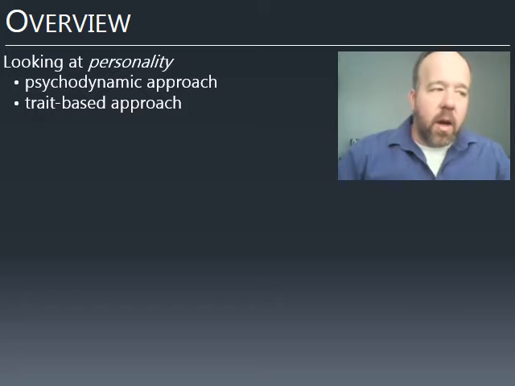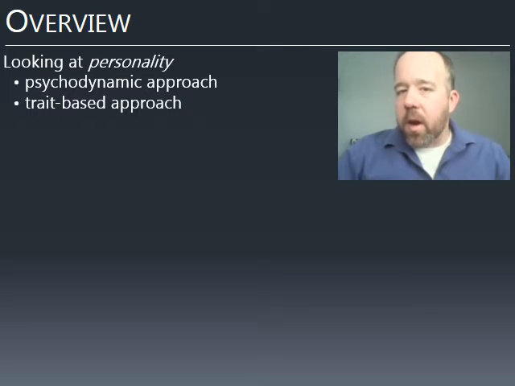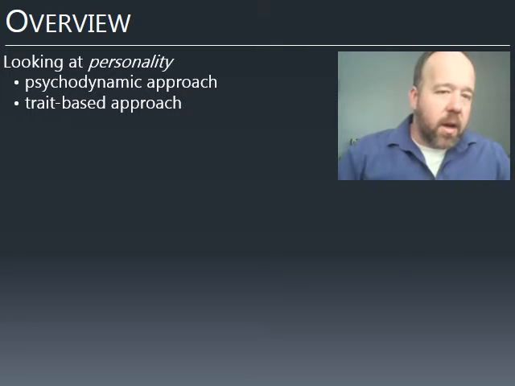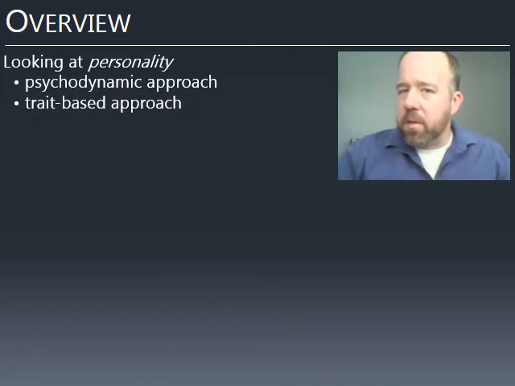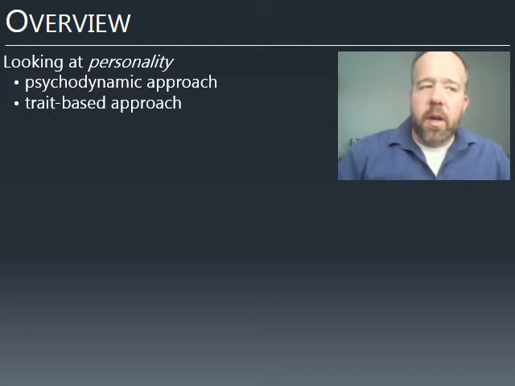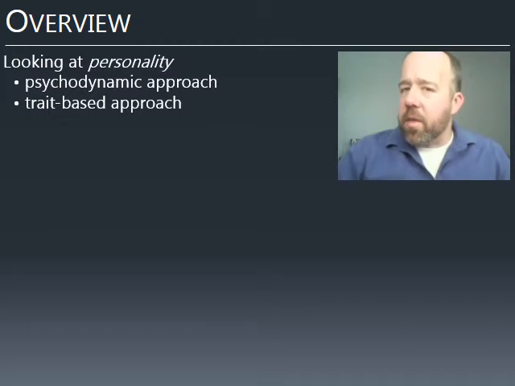So in the beginning of theory on personality, the psychodynamic approach was sort of the only game in town. That was the first kind of theory about why people act the way they do. Later on, the trait-based approach was developed, so we'll talk a little bit about history there, but mainly about methods.